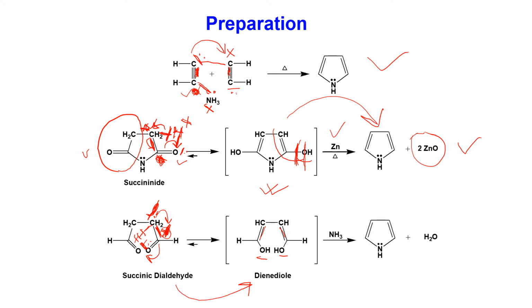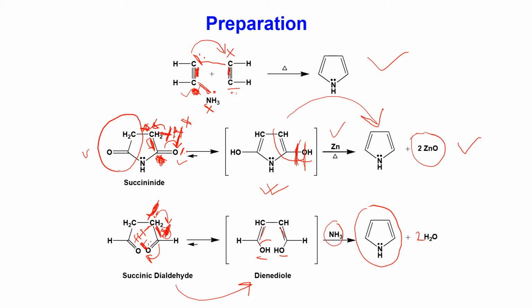After that dienediol will react with ammonia. So ammonia reacts with this dienediol, and from dienediol reacting with ammonia, 2 molecules of water will be released, and nitrogen will occupy this place, and this dienediol will be converted to pyrrole.